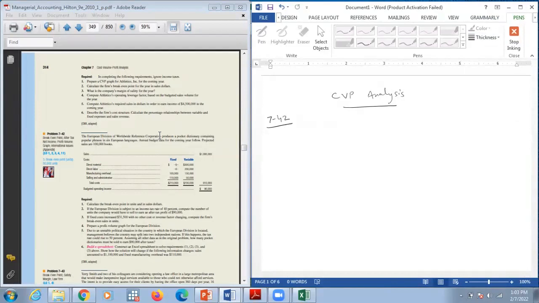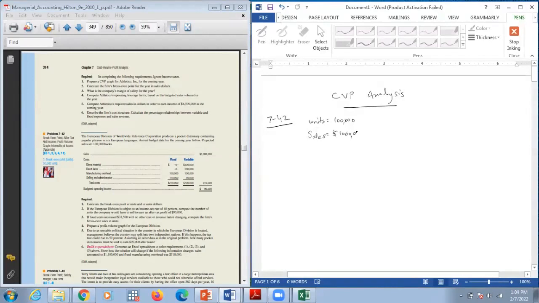The question says the division of worldwide reference corporation produces a pocket dictionary of phrases in 6 European languages, annual 1,000 books.